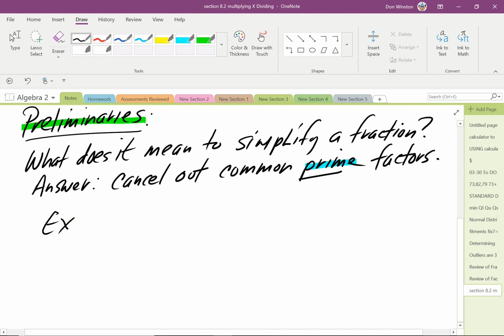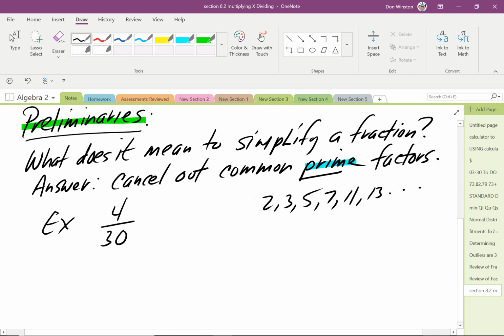So let's say here I have the fraction 4 over 30. And I want to simplify that. So what we're really doing is we want to cancel out the common prime factors. Now, prime factors being 2, 3, 5, 7, 11, 13, and so on and so forth.